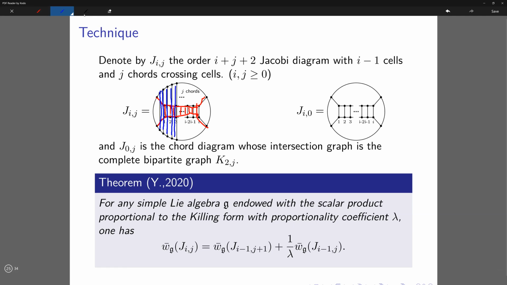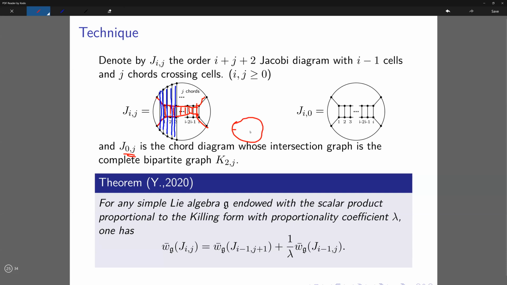And you can see that Ji0 is just a connected closed diagram that looks like this. Only one component and 4 legs. And J0j is a chord diagram whose intersection graph is the complete bipartite graph K2j.